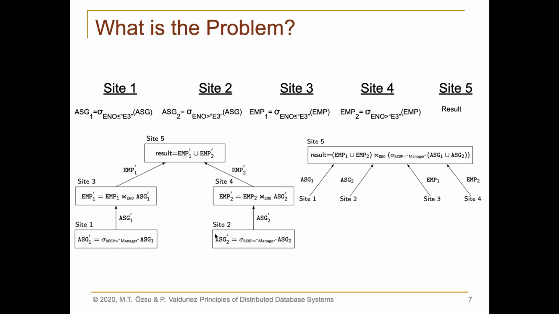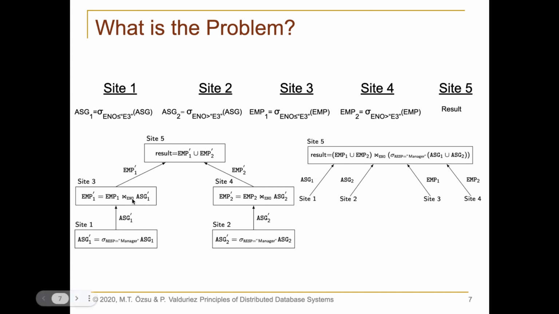Then the primary horizontal fragment it gets from these 2 sites is further transferred to site 3 and site 4. As we have already discussed, site 3 holds data on employee 1, which is all employees with employee number less than or equal to E3. And site 4 holds employee data whose employee number is greater than E3.